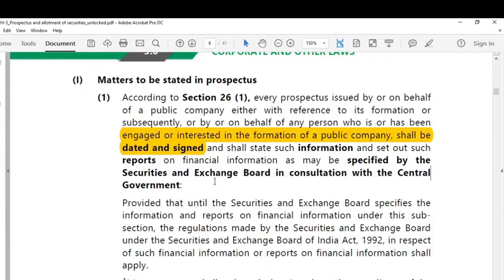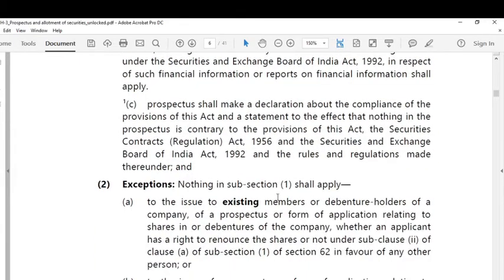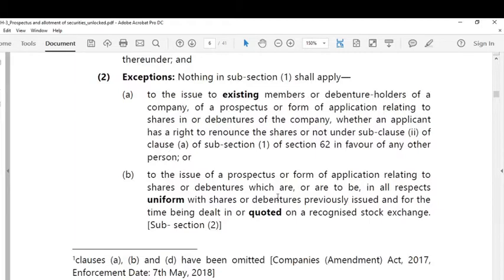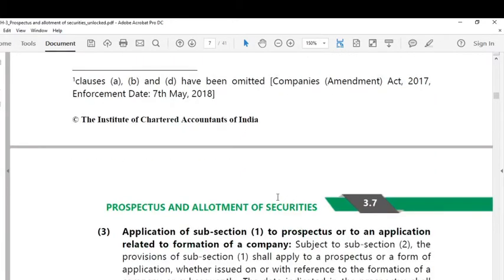And the information and the various reports should also be furnished in the prospectus, all as specified by SEBI in consultation with the central government, right, students? And there are certain exceptions, what is not to be included in case of certain sub-clauses.